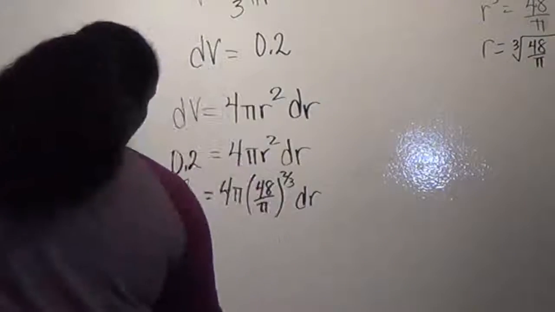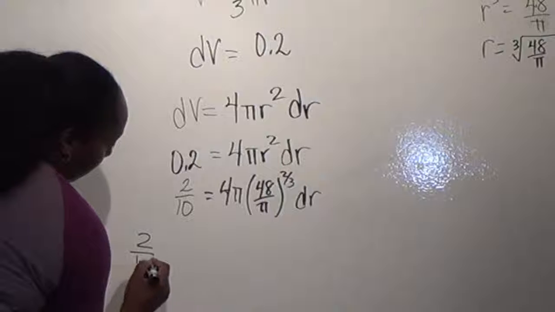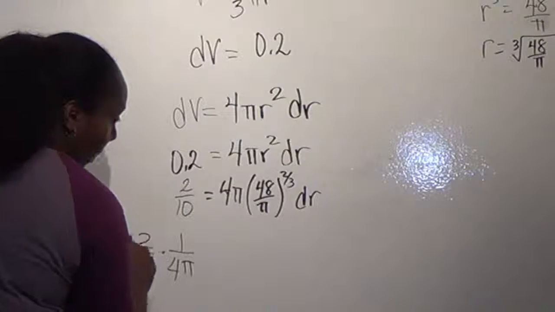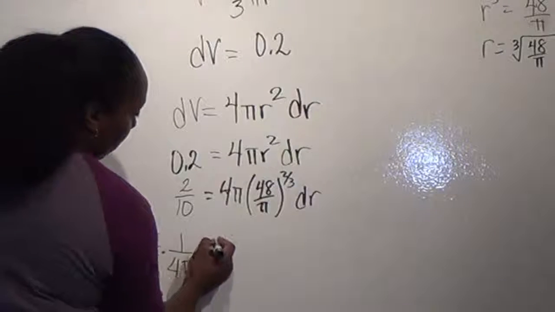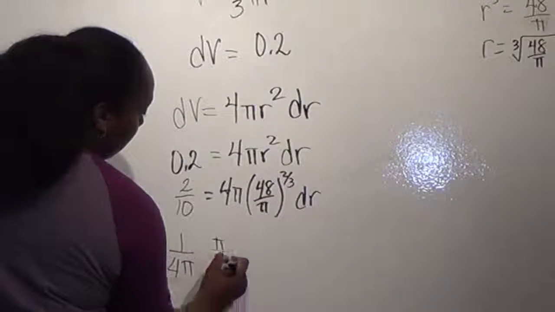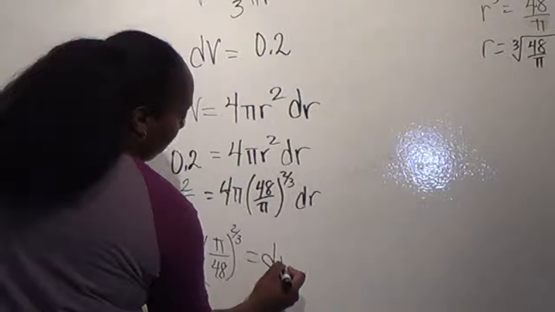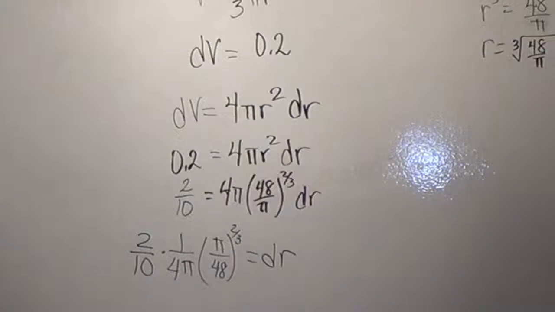So we'll take the 2 over 10, and divide out by 4 pi, and then we can invert here, so pi over 48, that to the 2/3 is going to equal dr. Now that's not pretty. We definitely want to clean that up where we can.